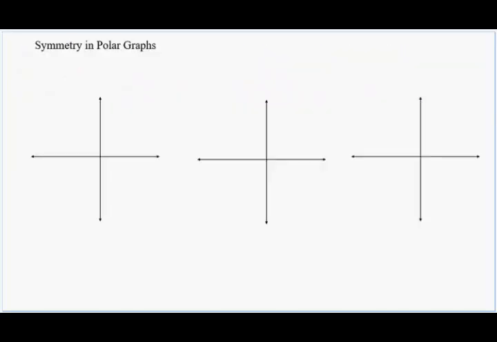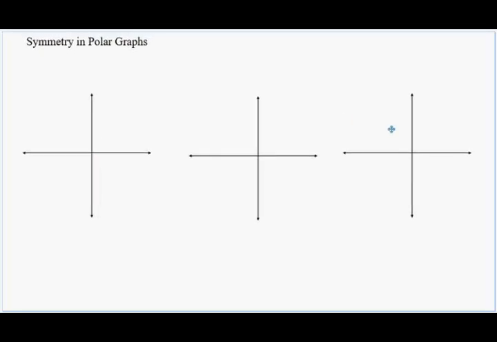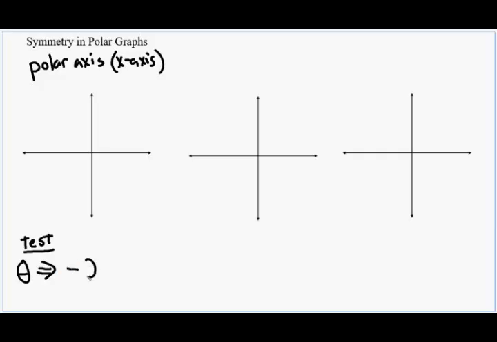First, let's do a review of the tests for symmetry. So if we want to check for polar axis symmetry, also known as the x-axis, I'm going to write it down here. The test that we perform is we replace theta with negative theta and see if it simplifies back to the original form. So let's look here at our x and y axis.